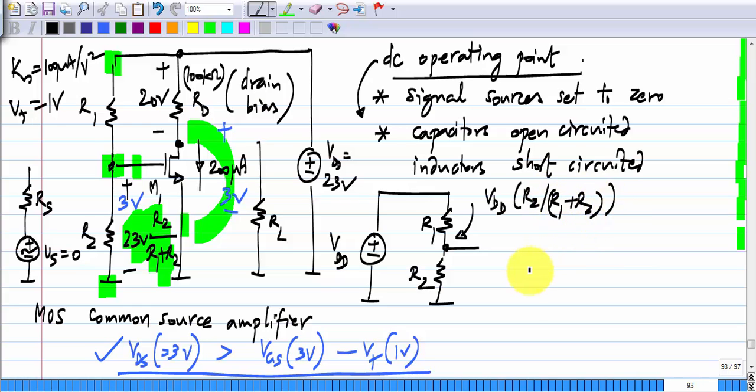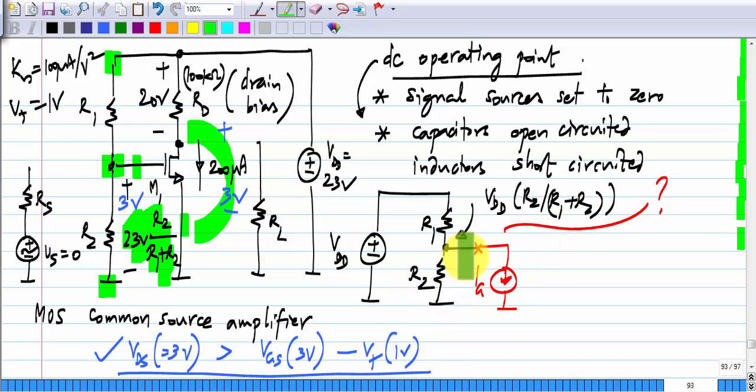Now, imagine that there is some current Ig, the gate current, being drawn from it. What will be this voltage? You please calculate that and see for yourself that it changes. But in our case, Ig is 0, no current is drawn. So, this voltage will not change at all regardless of the value of R1 and R2.